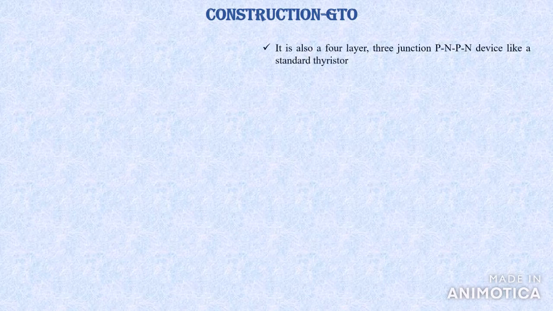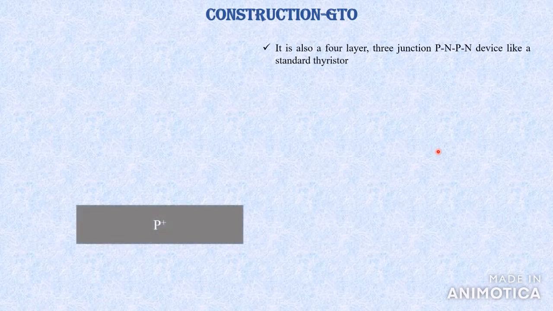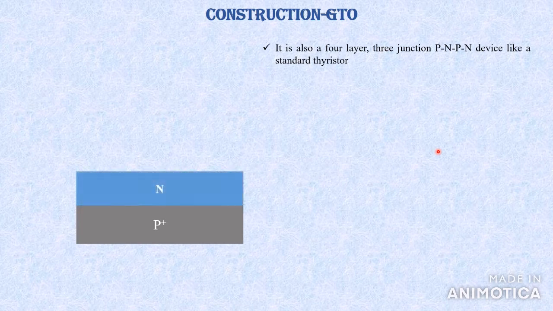Now we'll see the construction. Similar to SCR, it is also a 4-layer, 3-junction PNPN semiconductor device. First, a heavily doped P plus region is formed. Above this P plus region, a normally doped N layer is diffused. This is normally doped, this is heavily doped.